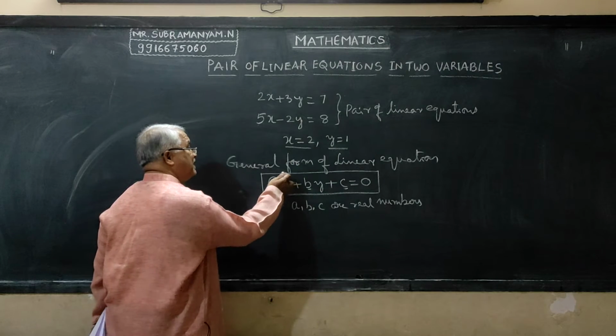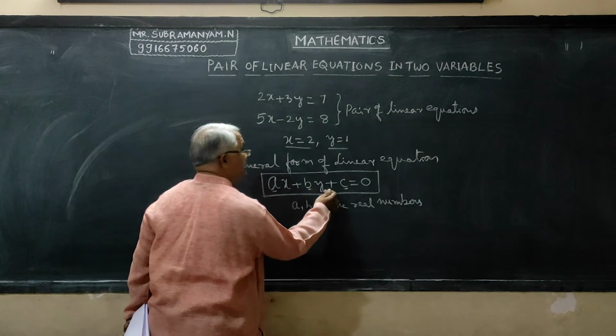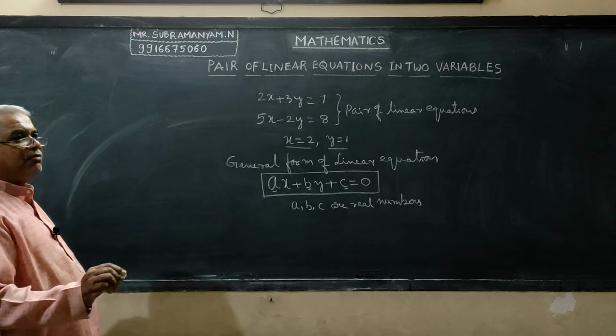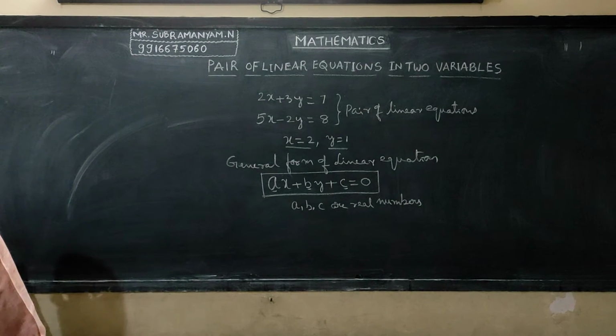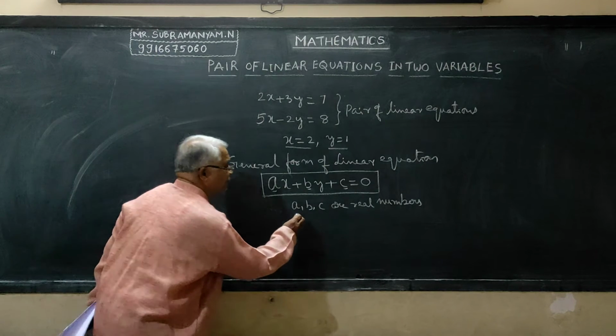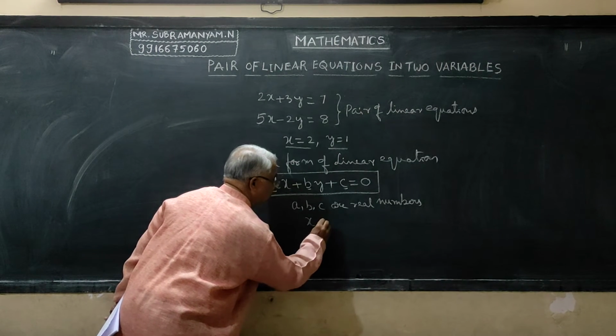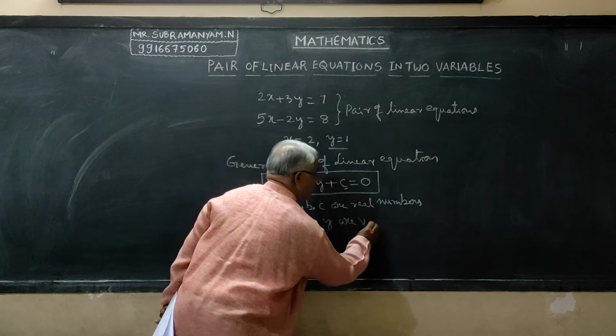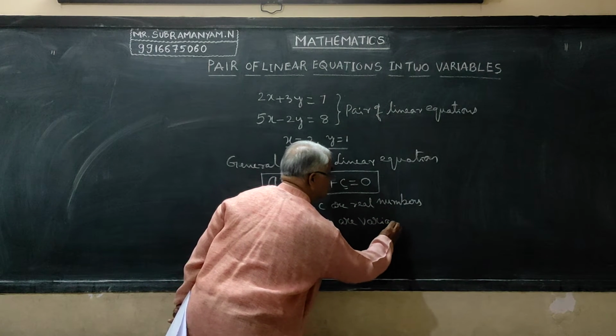What is left? x is left, y is left. What is this x and y? x and y are called variables. x comma y are variables.